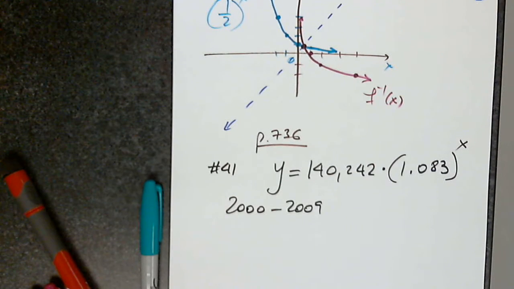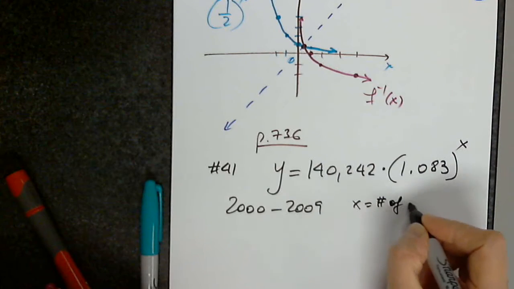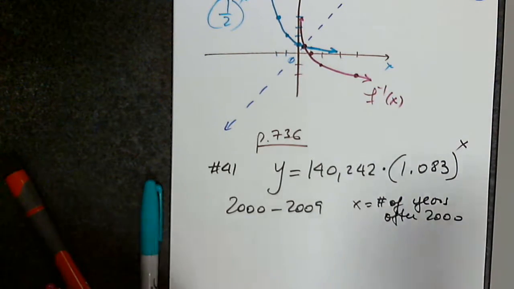In the equation, y is the number of American students studying abroad, and x represents the number of years after 2000.